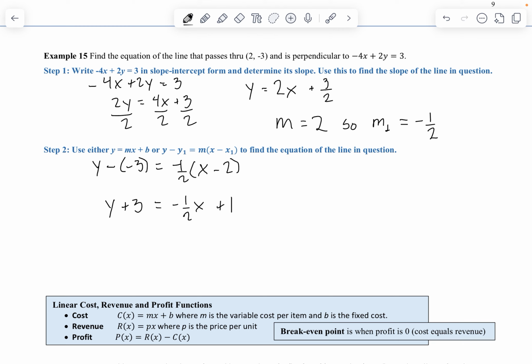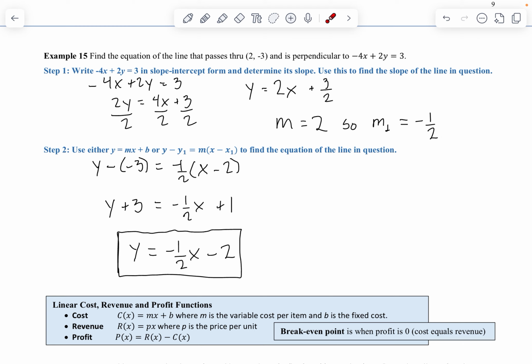And then to solve for y, I will subtract 3 from both sides. So I get y = -1/2 x - 2. So this is the equation of the line that is perpendicular to the line given by this equation right here.